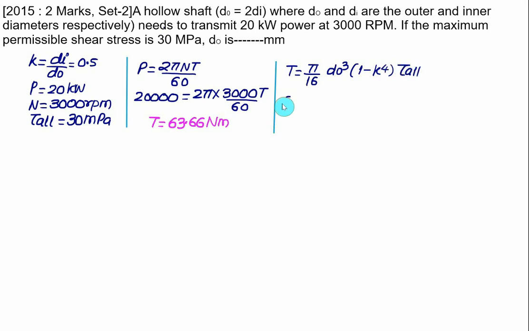Torque you have to use in Newton mm, 63.66 into 10 to the power 3, equal to pi divided by 16, DO you have to find out, cube of it, 1 minus K, that is 0.5, to the power 4. Allowable shear stress is equal to 30. So straightforward, you can calculate what is the value of diameter DO required. In this case we require a diameter DO close to 22.6.